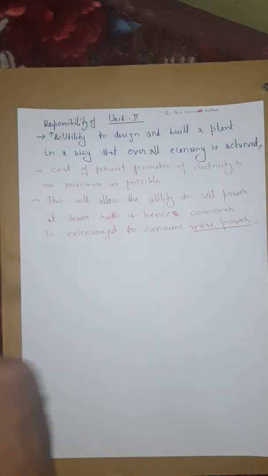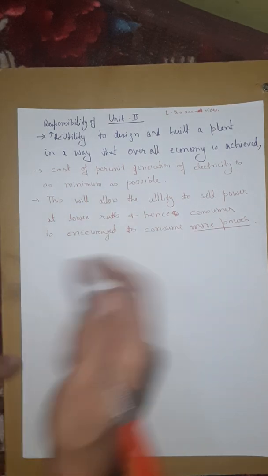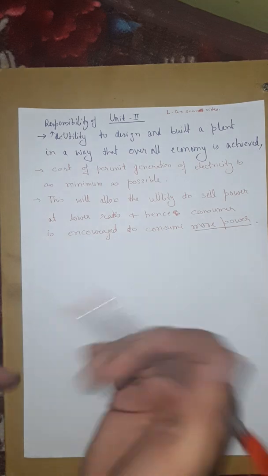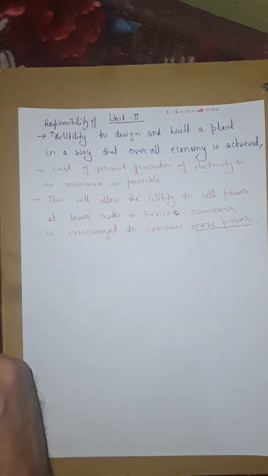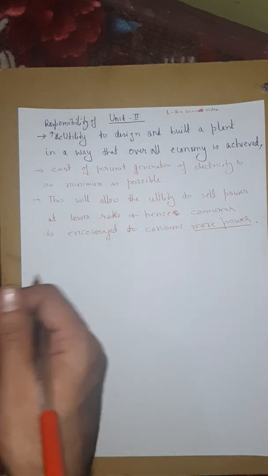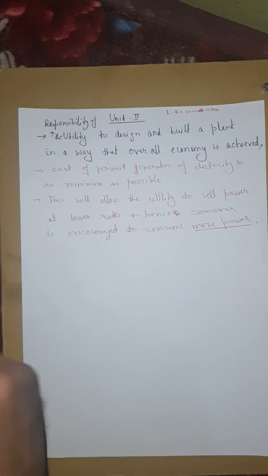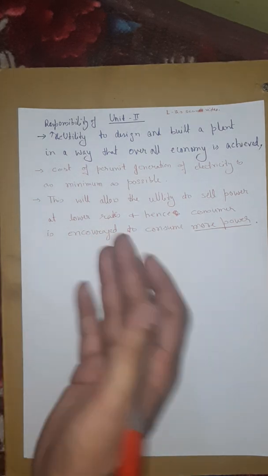So better to use AC. This is why, if the cost of generation is minimum, the utility can sell power at lower rates, and if the utility sells power at lower rates, the consumer will consume more power. It is a sort of encouragement for the consumer. Obviously, anything which is cheaper, we will consume more, and anything which is expensive, we will consume less.